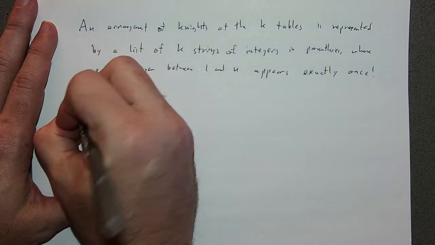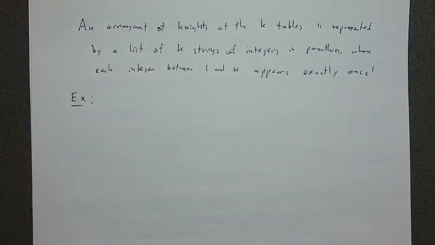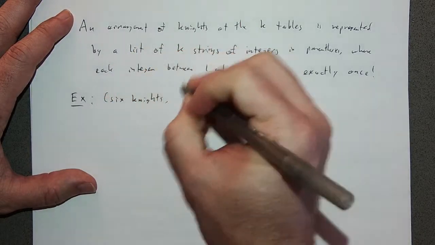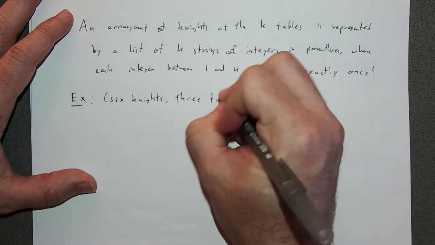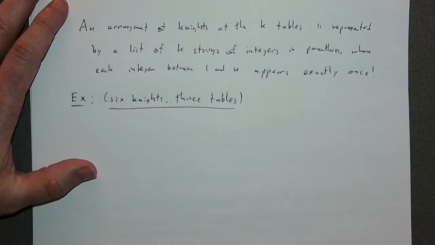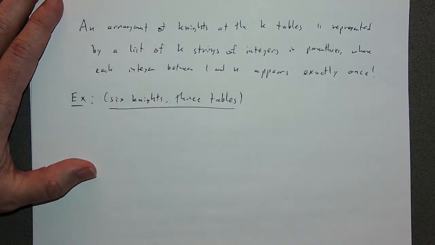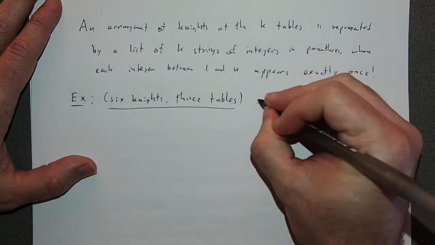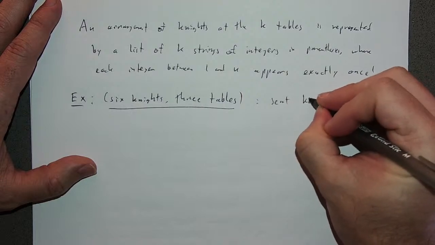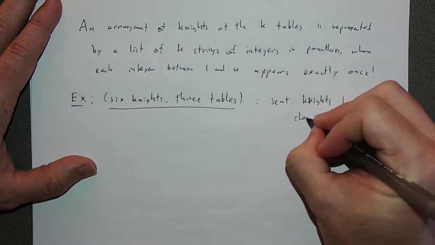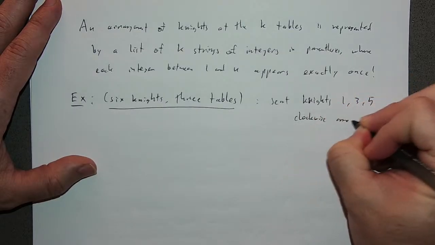So here's an example. Let's say that we have 6 knights and 3 tables. Maybe let's seat knights 1, 3, 5 clockwise around table 1.